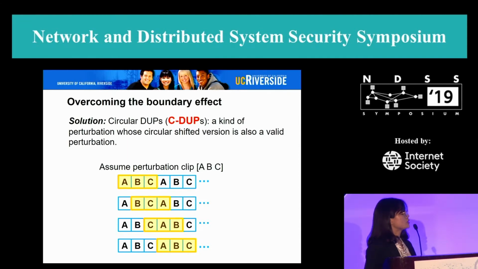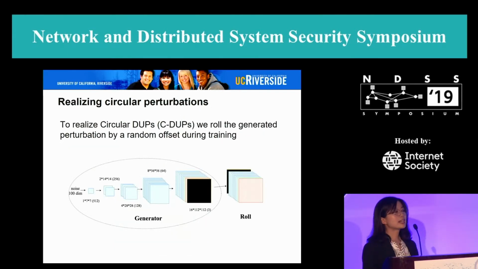This CAB is also a circular shifted version of ABC. Therefore, this C-dub is designed to work even if misalignment happens and perturbations are broken. To realize this C-dub, we add a pre-process unit. This unit rolls the generated perturbation by a random offset before adding it onto the video clip.